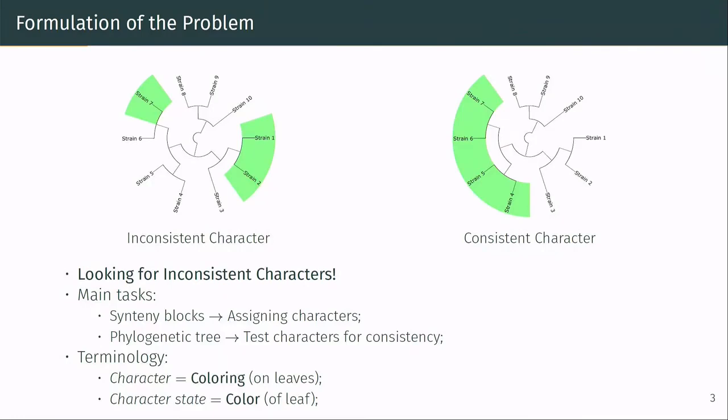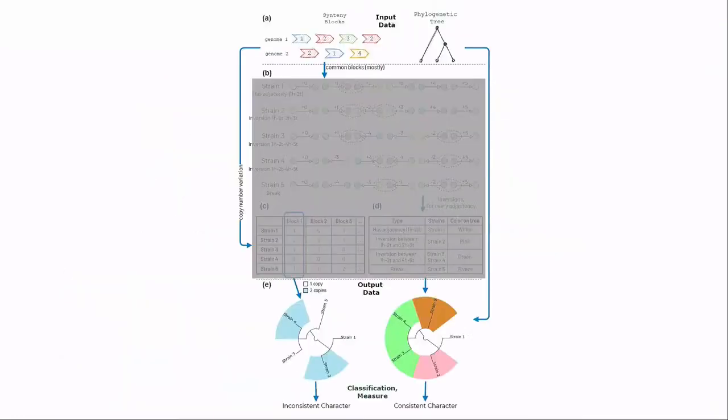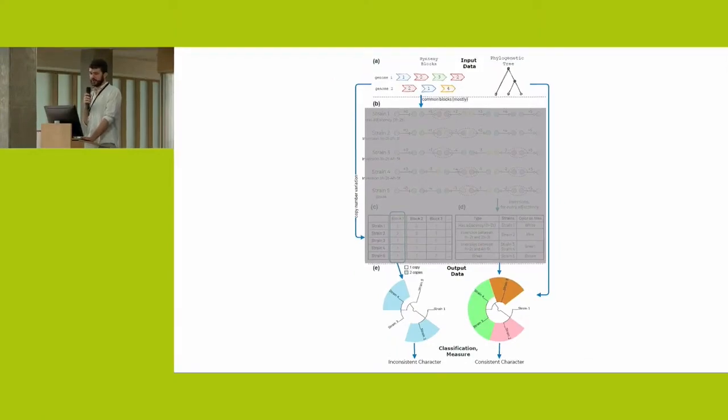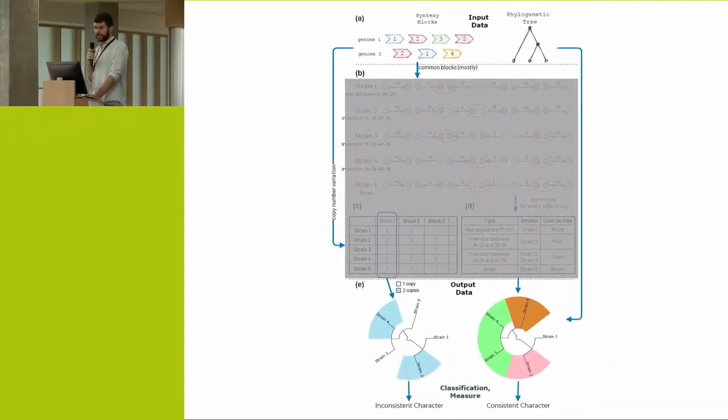What exactly do I mean? As an input, the tool takes a collection of strains represented as a sequence of synteny blocks and their phylogenetic tree. There is our method, which is a black box here, and I will explain briefly what happens in this black box later in the talk.